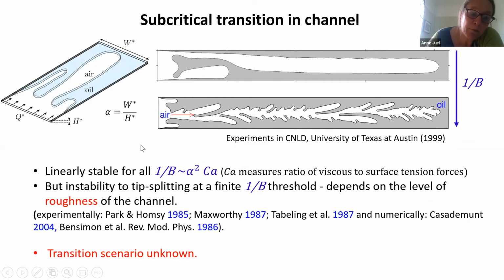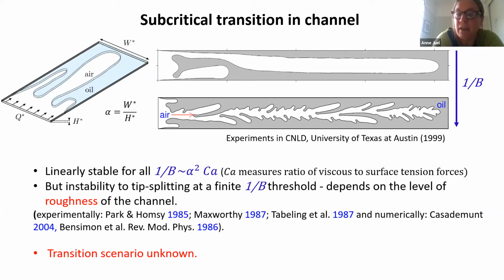And what we know is that this finger is linearly stable for all values of the driving parameter, the known Saffman-Taylor parameter, which is proportional to the flow rate you impose, and depends on both the aspect ratio, so width over depth of the channel, and the capillary number, which measures the ratio of viscous to surface tension forces in a channel.